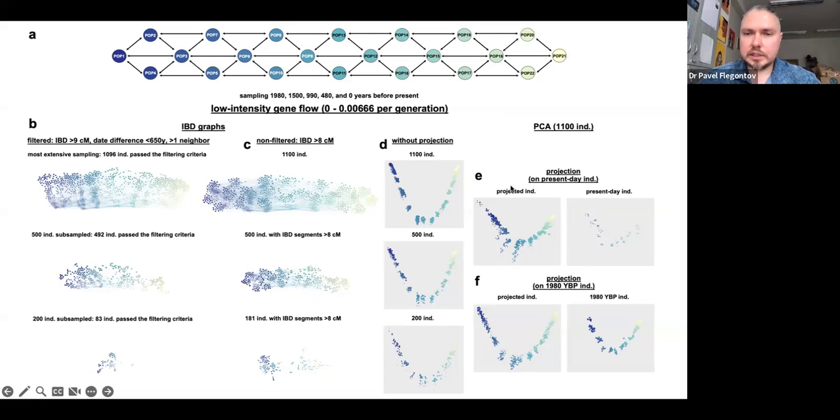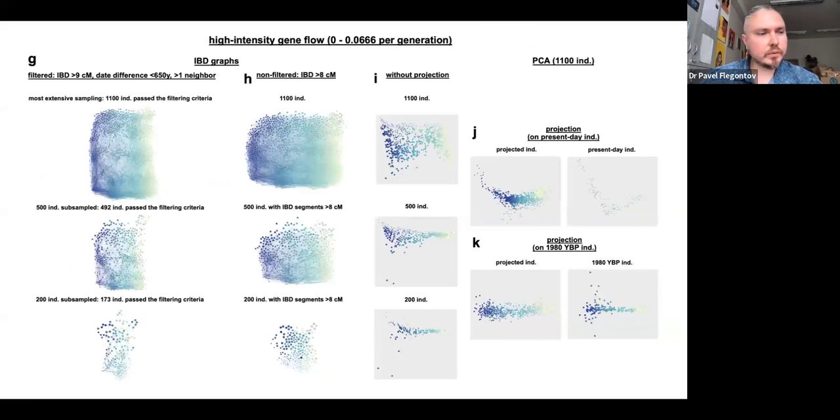And projected individuals are here separated from non-projected individuals to make the figure clearer. And then we repeat this analysis for an approximately 10 times higher gene flow intensity on this landscape, and we see the patterns are actually different.